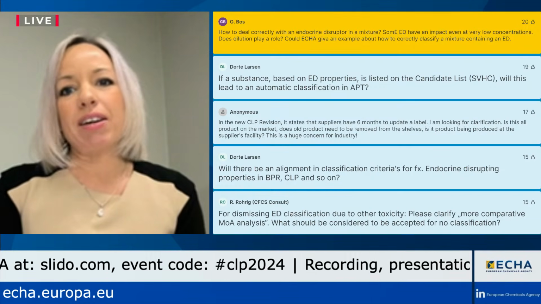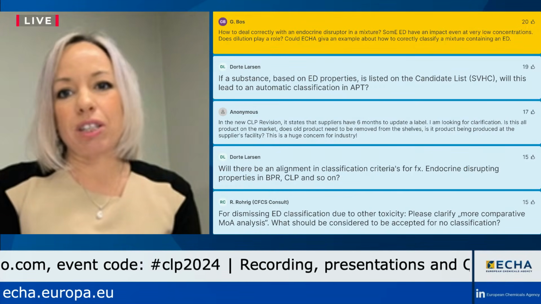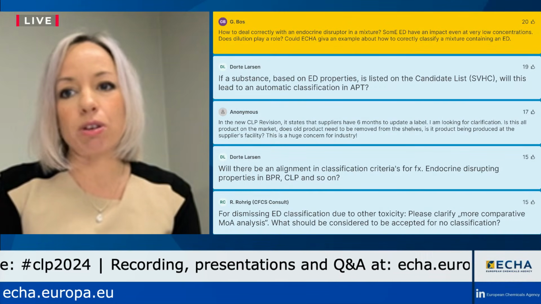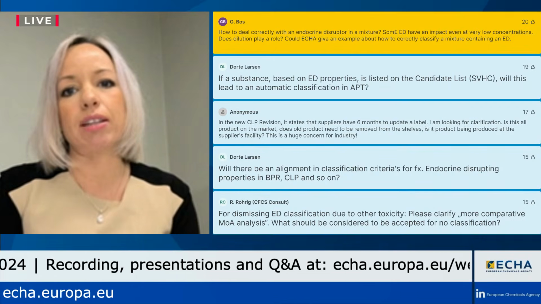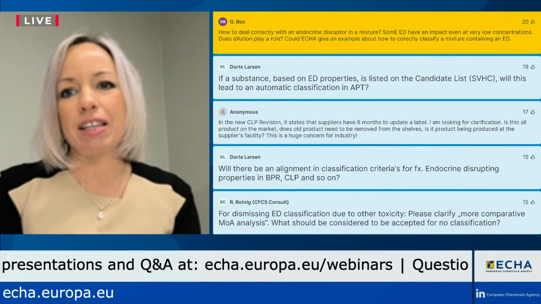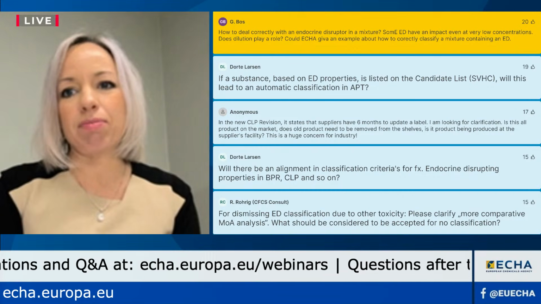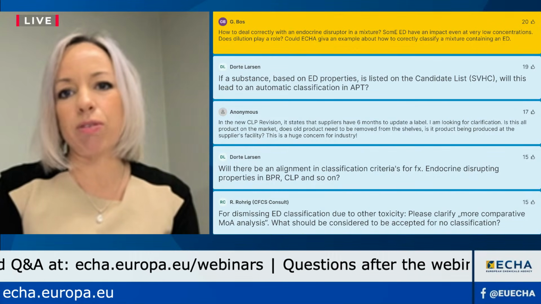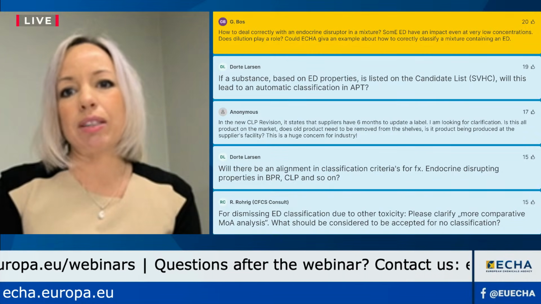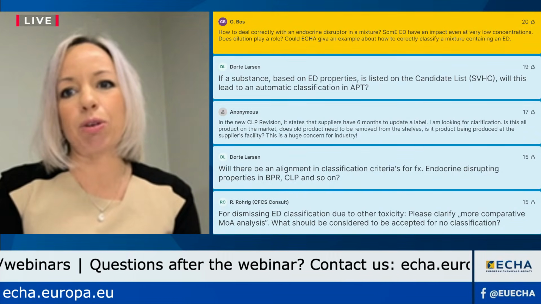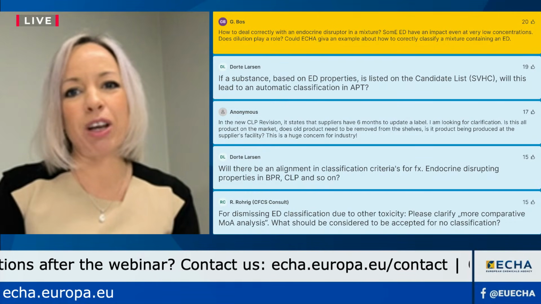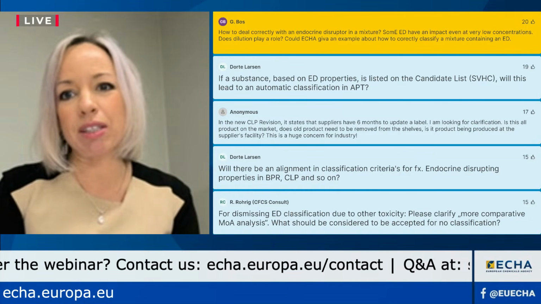So in the CLP legal text, there are so-called generic concentration limits, very similar to, for instance, as for carcinogens. And this means that if a mixture contains an ED component above this generic limit, 0.1% for CAT1 substances or 1% for CAT2 substances, then classification for the mixture would apply. However, some of the EDs, as we know, are really potent.